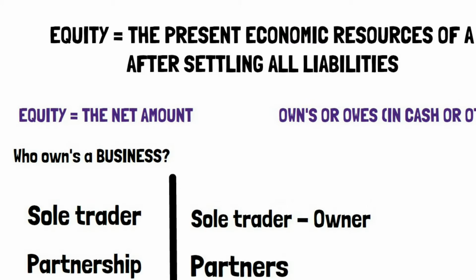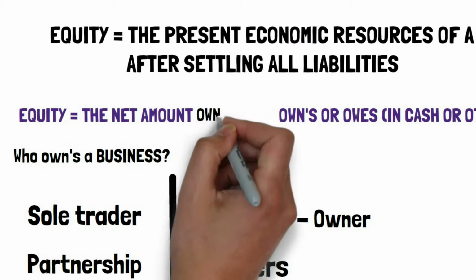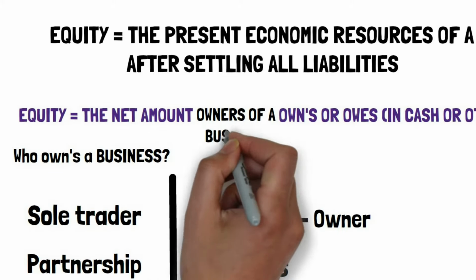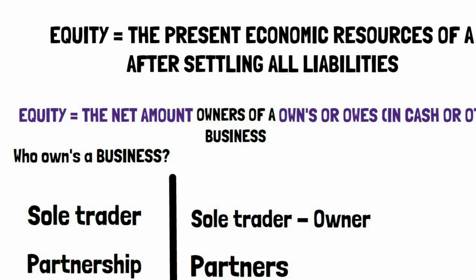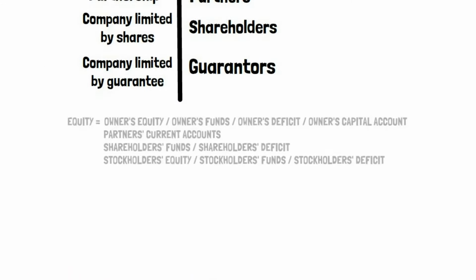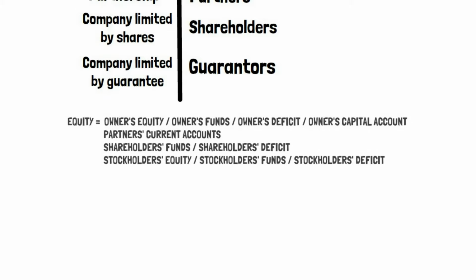So, in actual fact, equity is the net amount that owners of a business own or owe, and that can be in cash or otherwise. Okay, so it's what owners of a business own or what they owe. And therefore, that's why we have so many different definitions of what equity is.